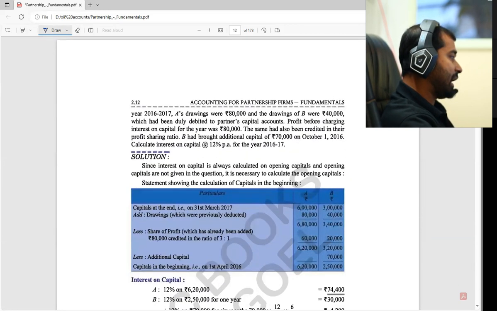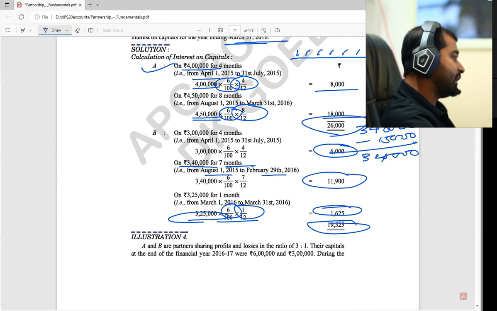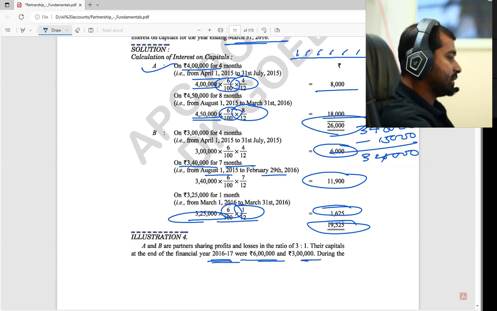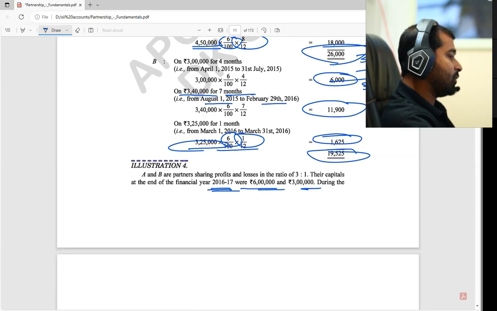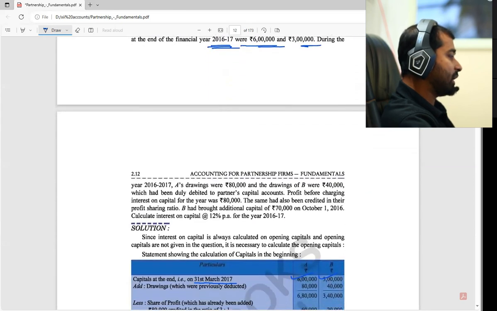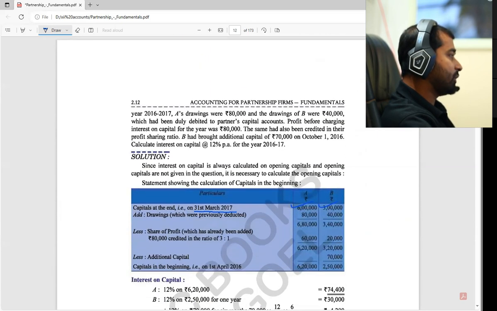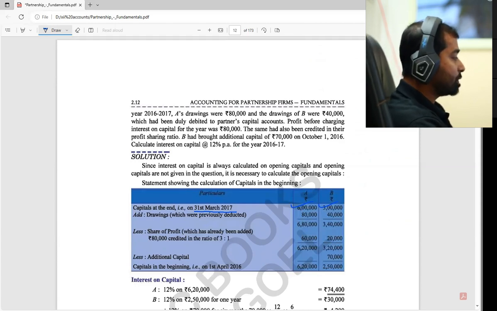We have here the capital at the end, 31st March 2017, that is 6 lakh and 3 lakh. Have you seen that? It is given there. At the end, the capital they have given here is 6 lakh, that is the 2016-17 capital, 6 lakh and 3 lakh. Now, in between that year, what things have happened, we are going to do, and as per these things, let's see how to calculate this.